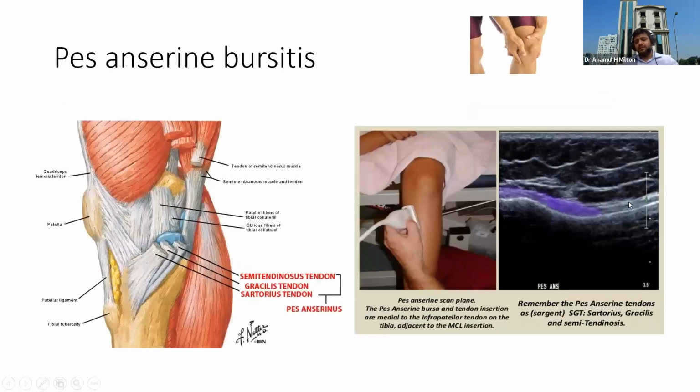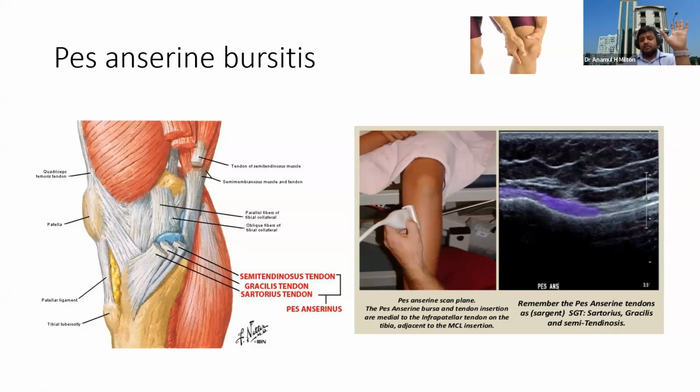So here we can see the area of the pes anserine bursa and the medial collateral ligament. The pes anserine is the common insertion of three tendons.